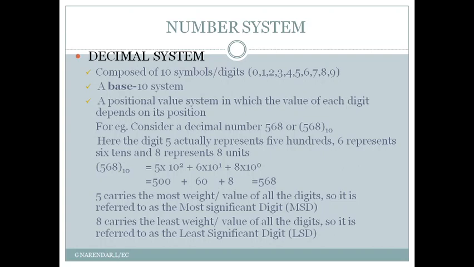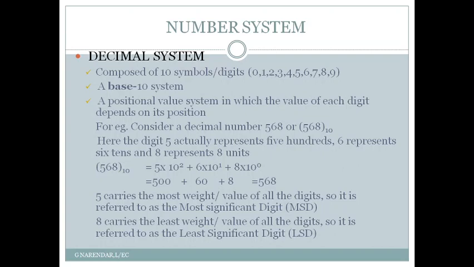And one more important characteristic is that the decimal system is a positional value system. So the meaning is, when you write a number, the number may contain any number of digits, and every digit is placed in a different position from right to left or left to right.